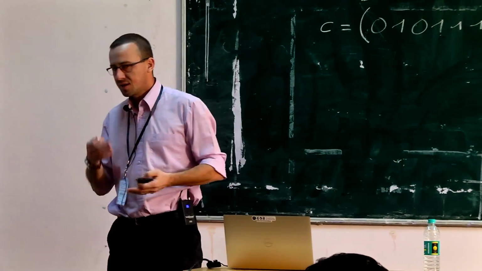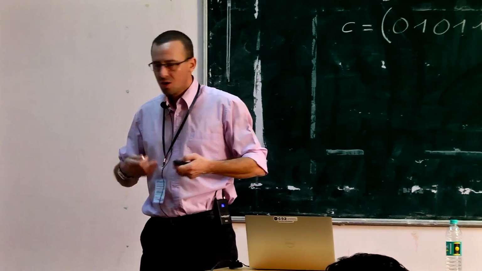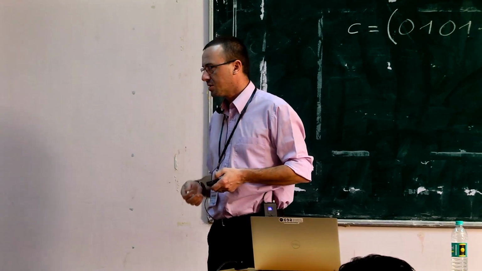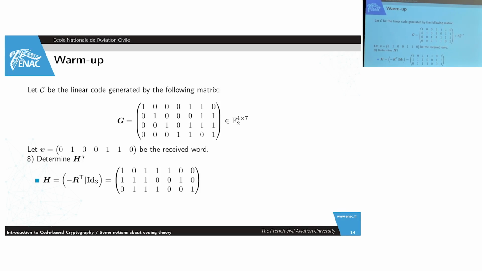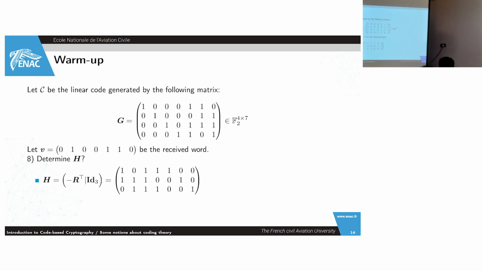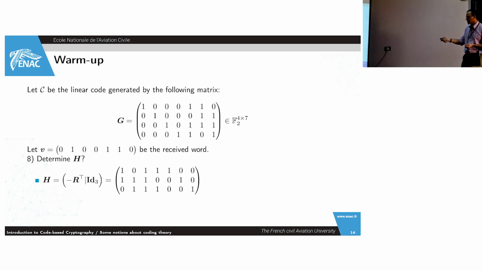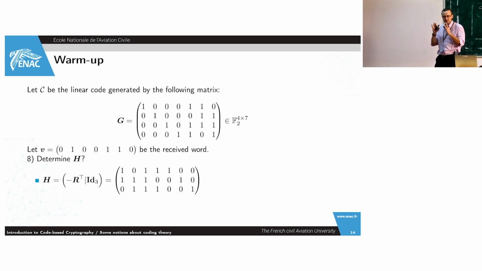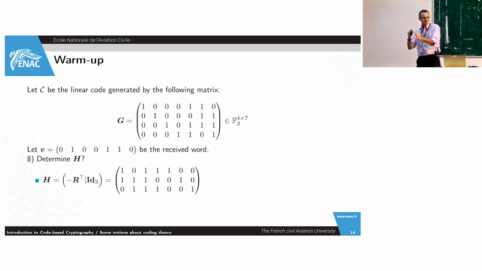We have seen that it has a good-looking representation, H equals minus R transpose, concatenated with the identity matrix of dimension 3. I only take the 3 last columns, which I call the matrix R, and put minus R transpose.